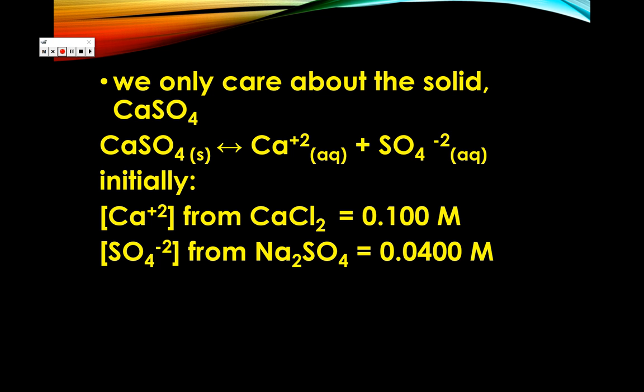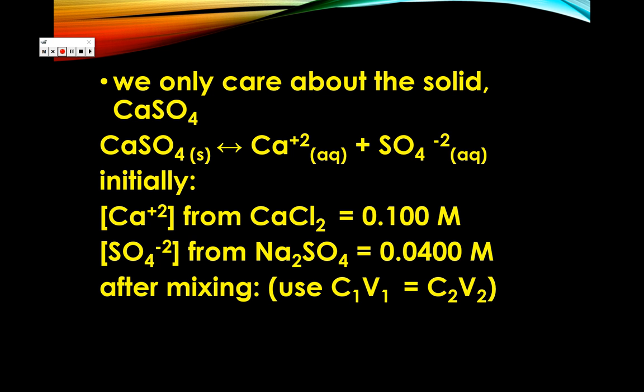So in grade 11, when you diluted a solution, you used the dilution formula. You can write it as C1V1 equals C2V2, where 1 is initial and 2 is final. What is the new concentration going to be after we increase the volume by adding more water? Logically, it's going to be less.